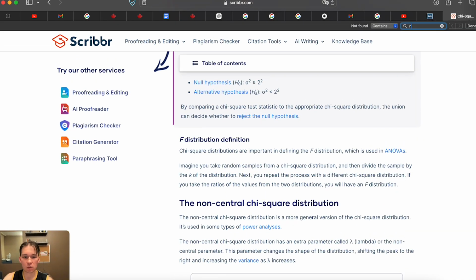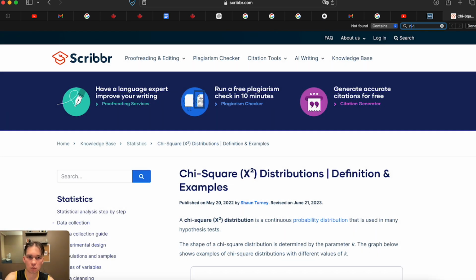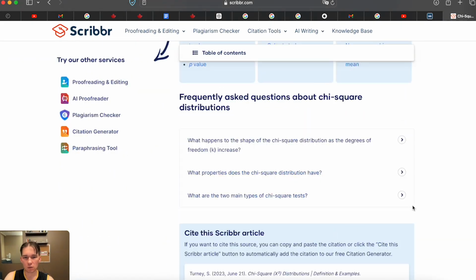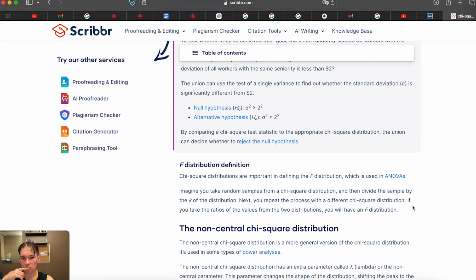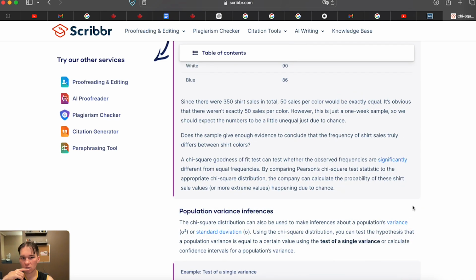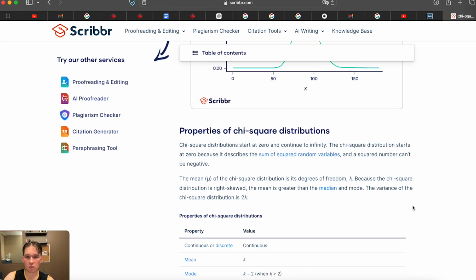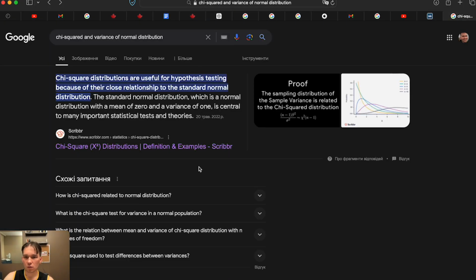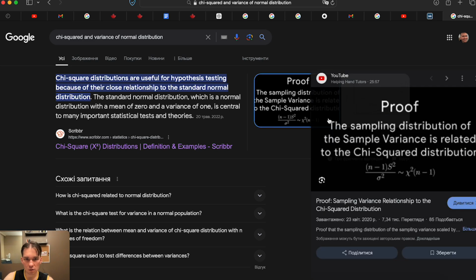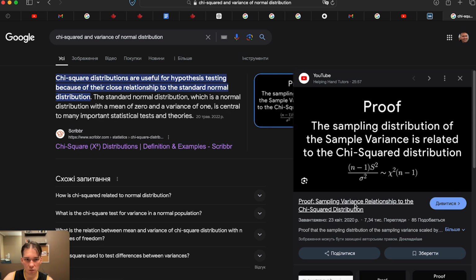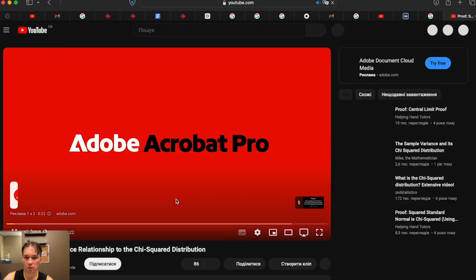Okay, where's n minus 1? I think I saw it somewhere. Pearson's chi squared. Here it is. Here is our formula. Okay, let's try to see it.